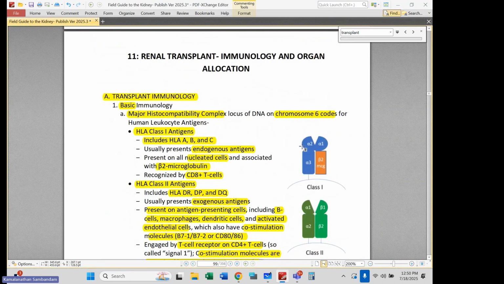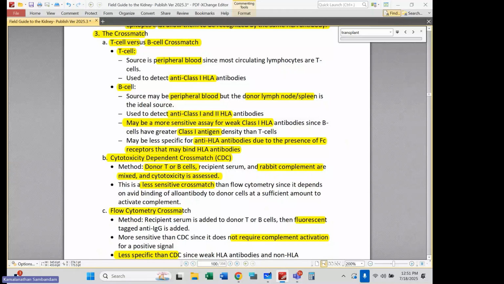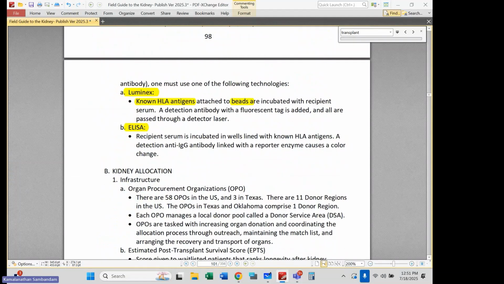For instance, I use the example of some side chain in this A2 region that is shared across multiple HLA molecules. You can use the output of this Luminex assay to make assumptions that they probably have an antibody to a public epitope based on the pattern that I'm seeing here. Okay? So that is the Luminex study.